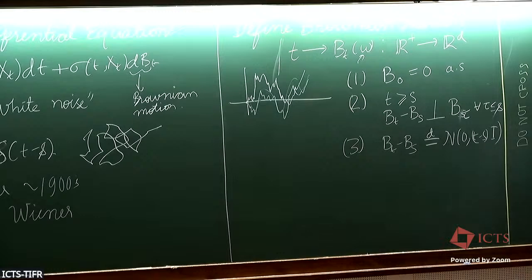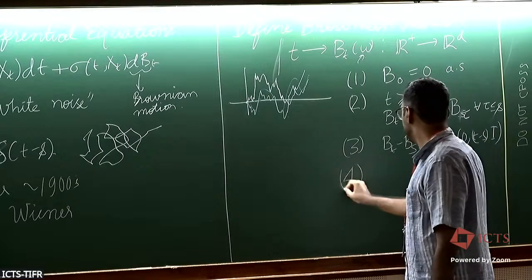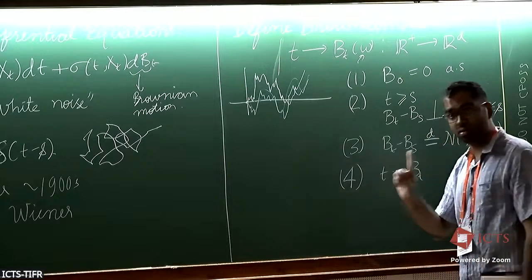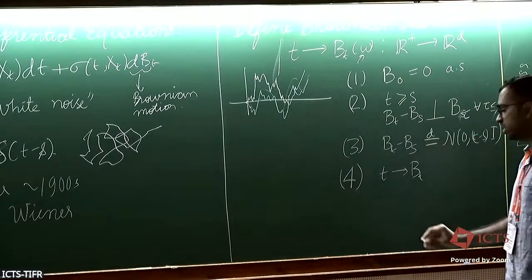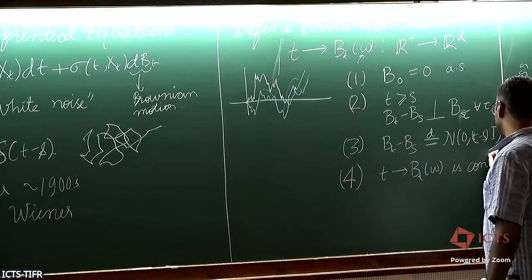And the fourth one is that t goes to B_t, a function of a single realization, is continuous almost surely.